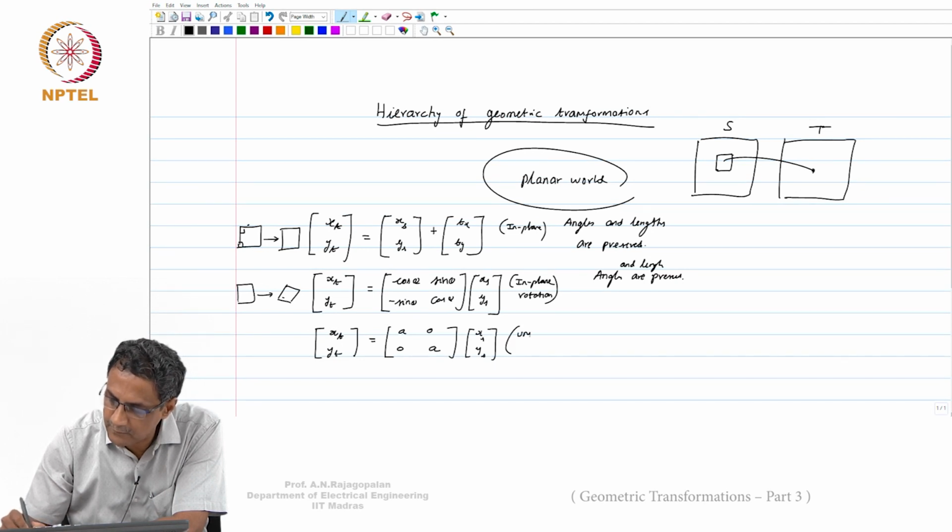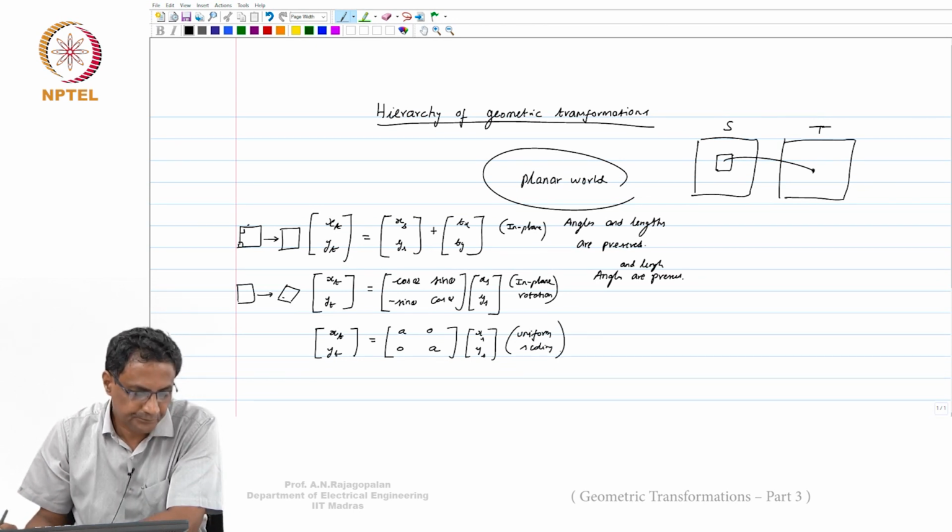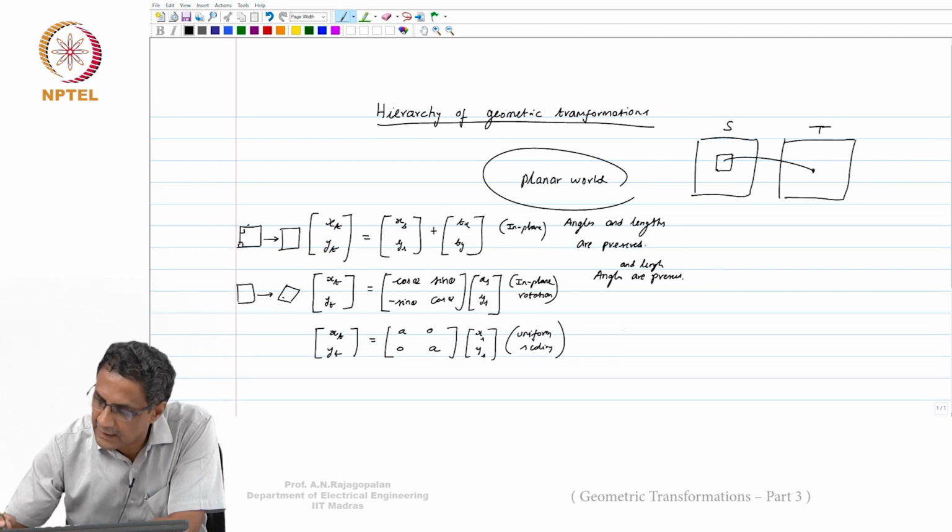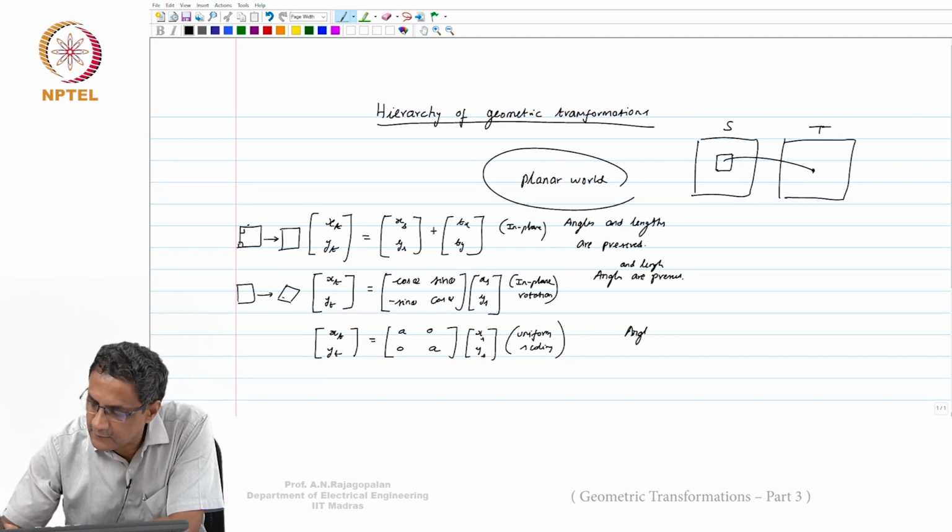This is uniform scaling. And here angles are preserved, and ratios of lengths are preserved.